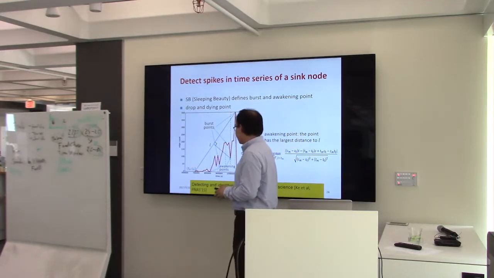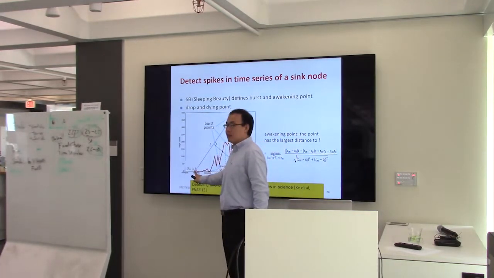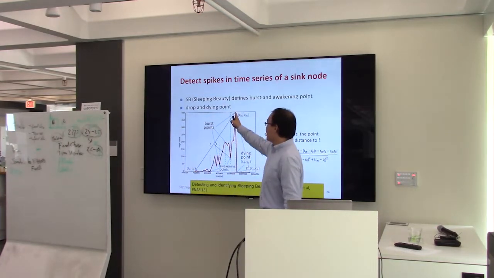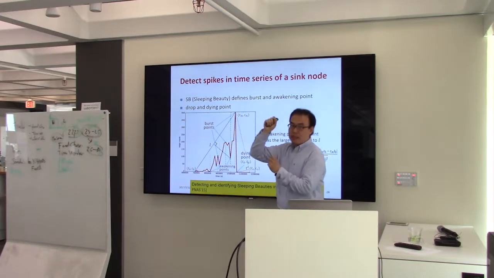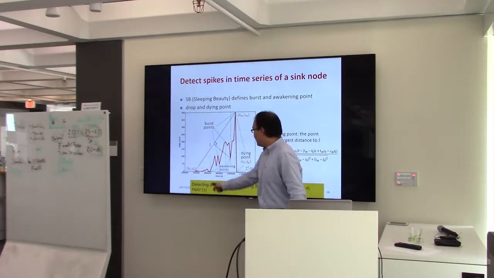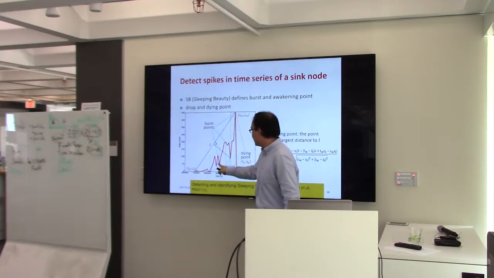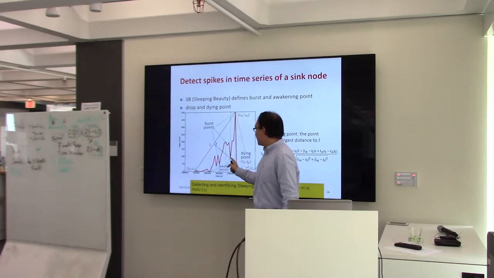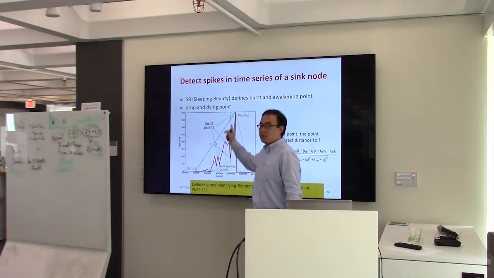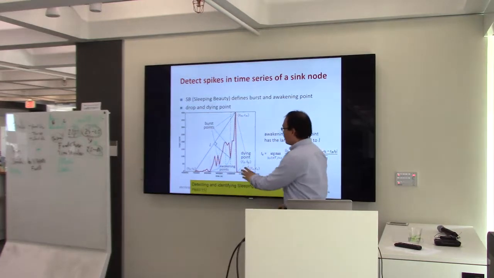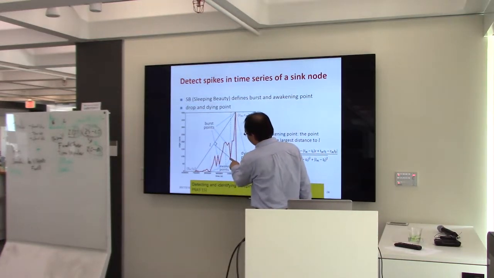They pick the very beginning point of the time series and the very largest point in the time series. We connect those two points, and along the time series we find the point that has the largest distance from that straight line. For this case, they found this point.